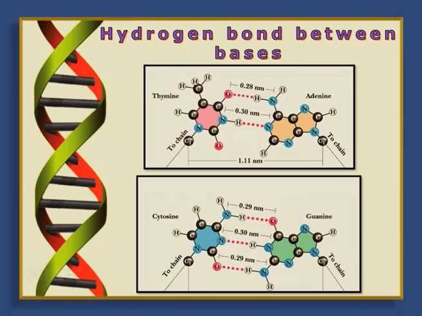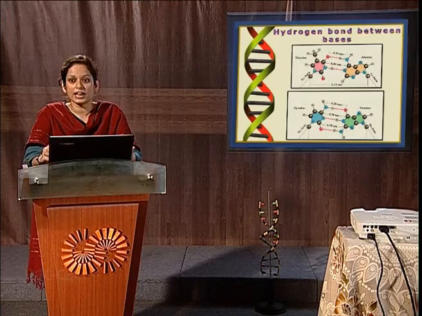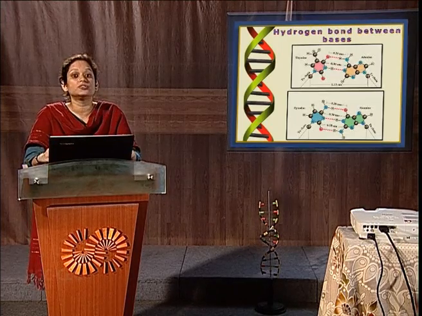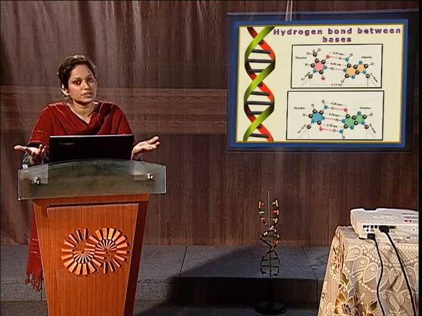As we can see, adenine always base pairs with thymine, and guanine always base pairs with cytosine. This is due to hydrogen bond formation between the heterocyclic bases. It also controls the fidelity of important physiological processes like DNA replication and transcription.